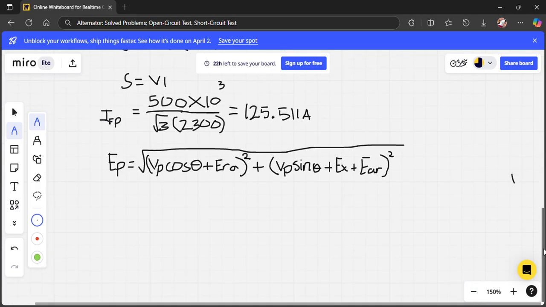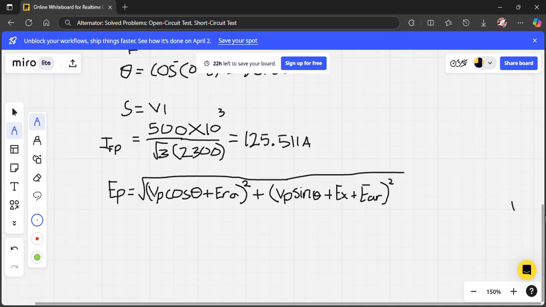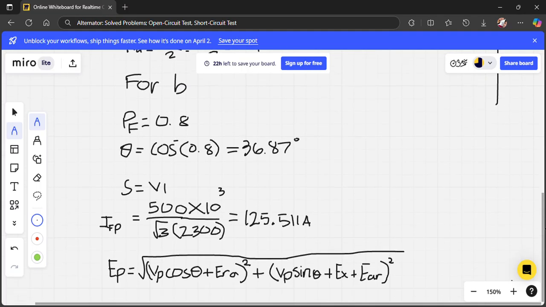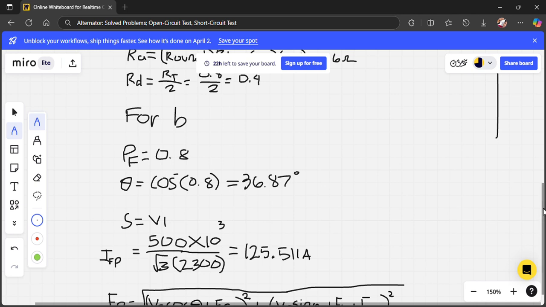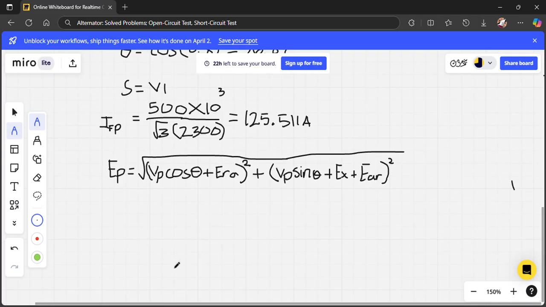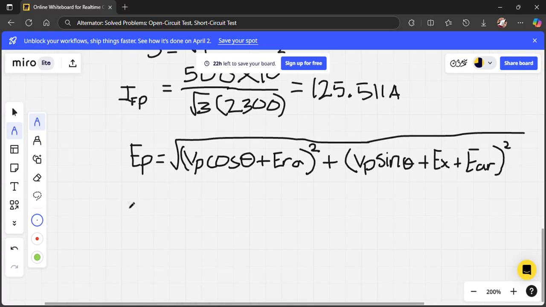To get this, we already have the voltage per phase and the angle, 36.87, which we solved already. We also have RA, so we can solve for ERA and EX.